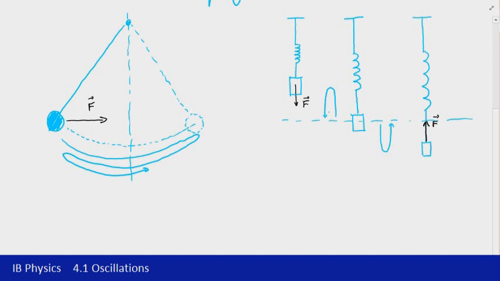Now if we have a look at the motion of either of these situations, if we consider the displacement of the object, that would be that vector there, so that's x, or likewise what's happening over here, it would be the position down to that location, or equally up to that position.